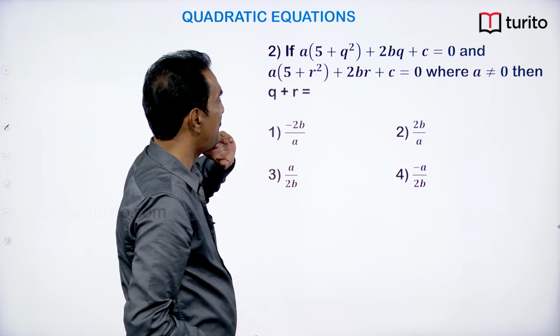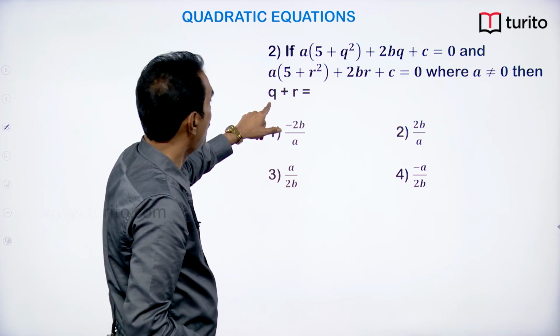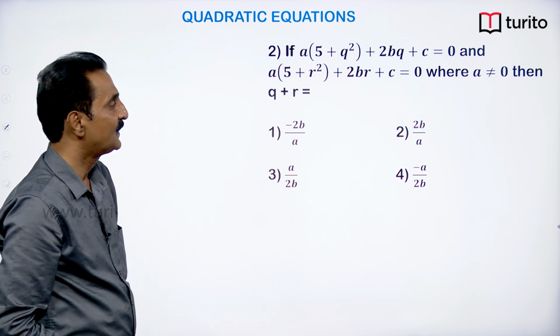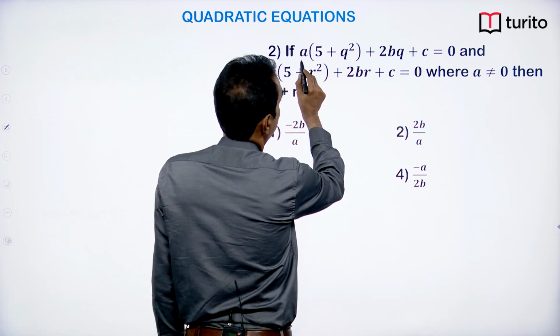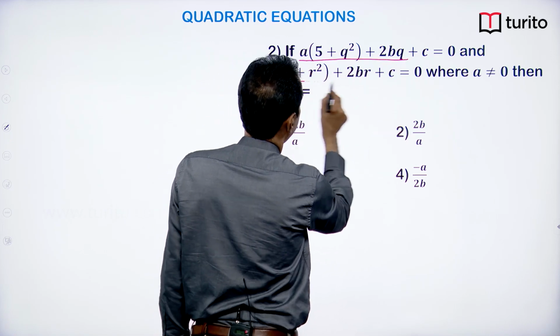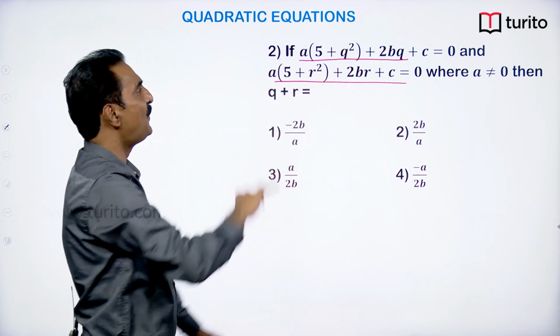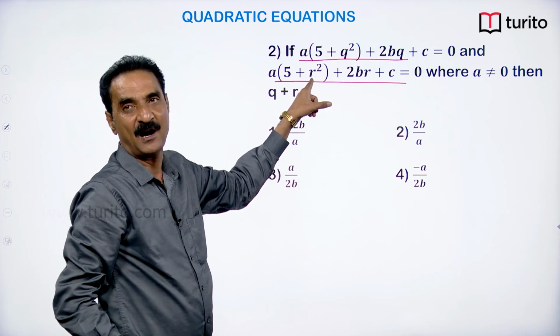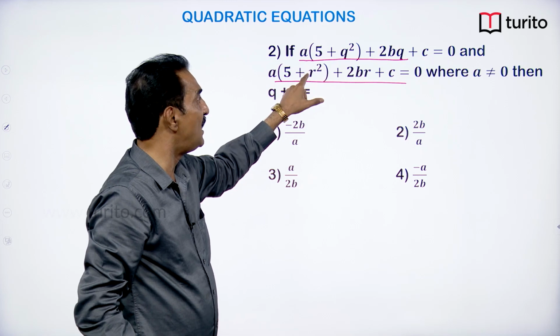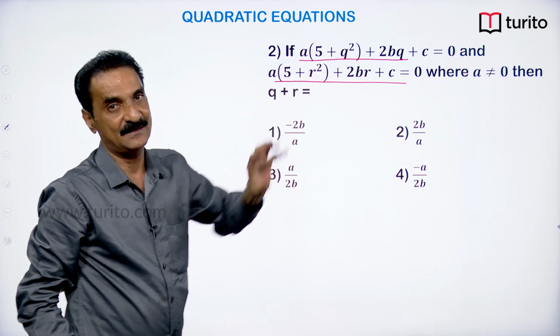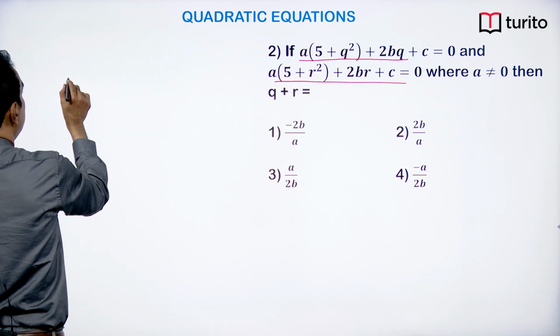Two equations are given, then we want q plus r. If you observe, this equation and this equation are in the same form, just q is replaced by r. So, in place of q or r, if I take x, what will I get?